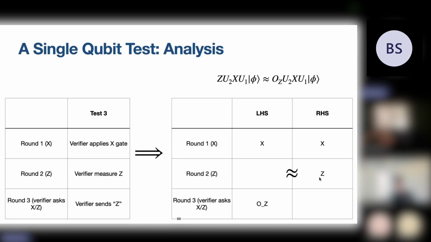And the same for the third test. And the last test is a bit tricky because the equation you are going to have is you first apply Z in the second round and then you apply OX in the last round. It's the same as you apply X in the first round, Z in the second round, and -1 in the last round.